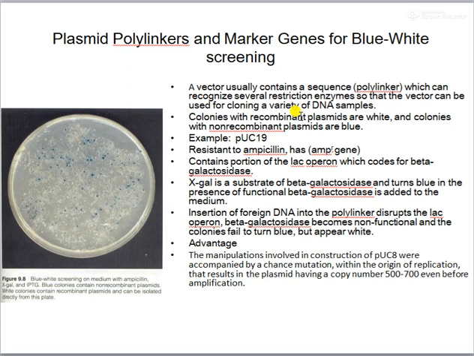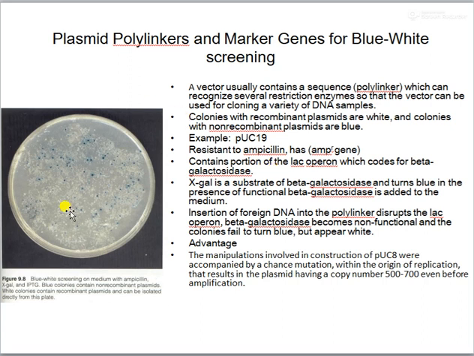Why this happens, we will be explaining in blue-white screening. And if your gene of interest enters into the vector and that recombinant DNA enters into a host cell, they will appear white in color. What is the reason for this? The reason is the presence of the LacZ gene. The LacZ gene codes for an enzyme called beta-galactosidase.